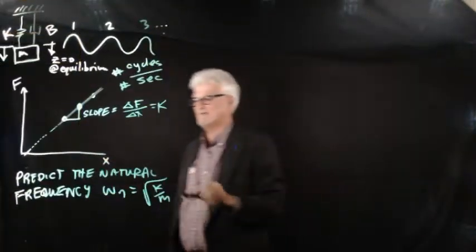Then we can start in MATLAB. We're going to go back to MATLAB, and we're going to make a vector of time. Time is equal to 0 by some delta t to some t final.